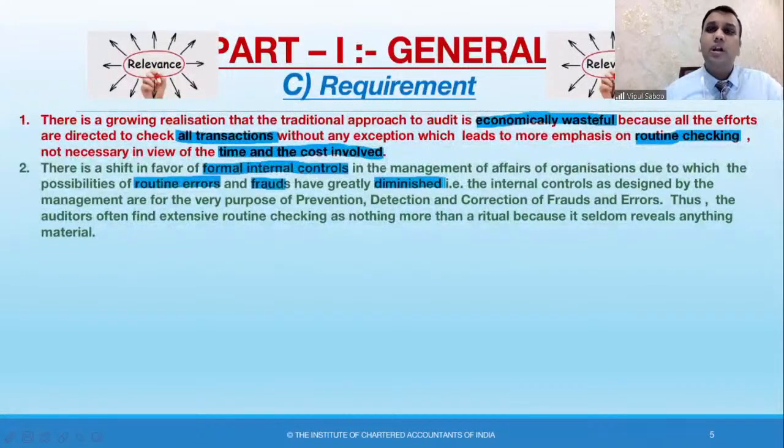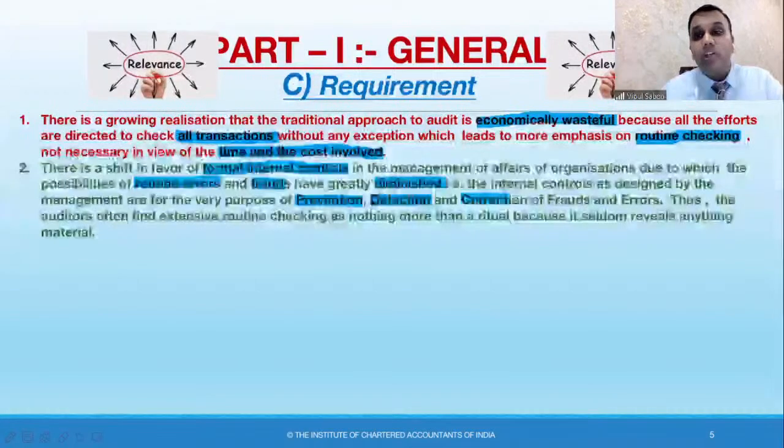There used to be an accountant passing 100 entries in the past, and almost 70 to 80 entries would need to be revised or rechecked. But with the use of automated accounting software, more skilled personnel and employees, good controls, maker-checker controls and everything, which have been put into place by the management for the prevention, detection, and correction of frauds.